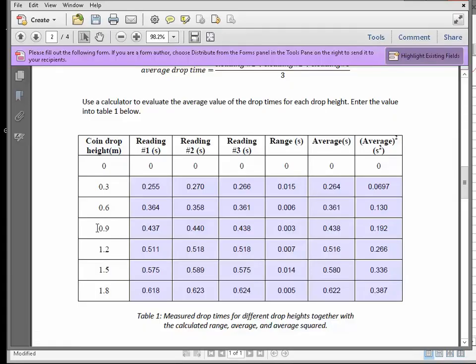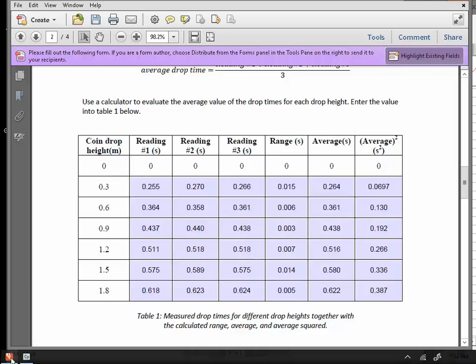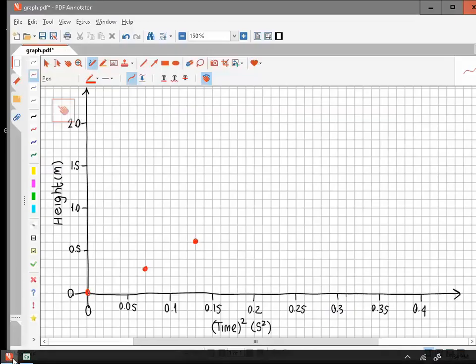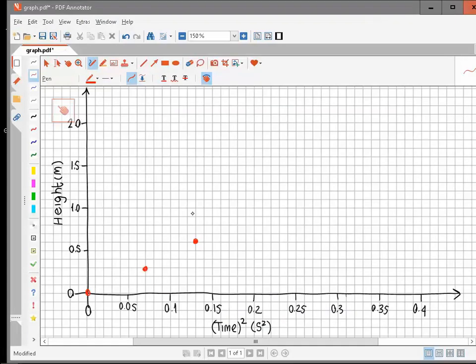Next point is 0.9 and 0.192. There's 0.9, 0.192, so there's 0.2, there's 0.19.